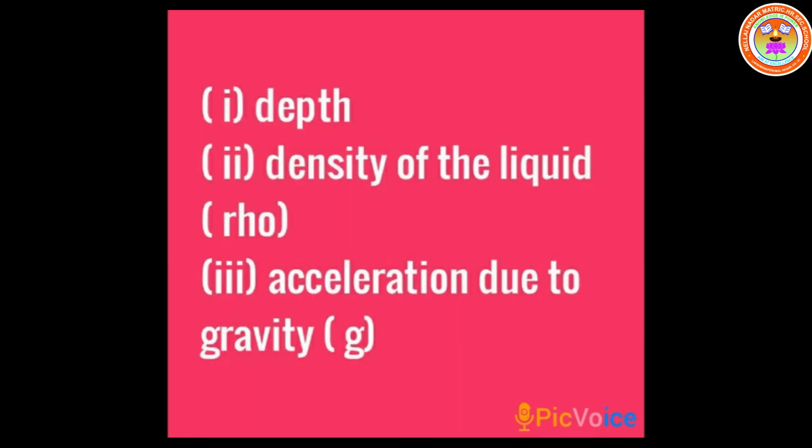I told you already that these are the three factors. Depth, we can take the symbol as h; density of the liquid as rho; acceleration due to gravity as g, small letter g.